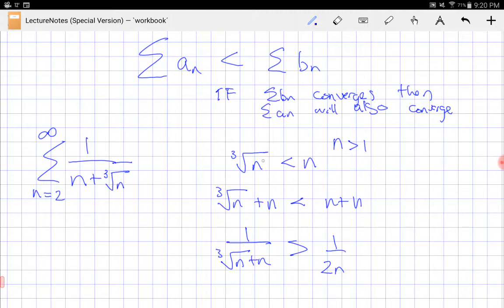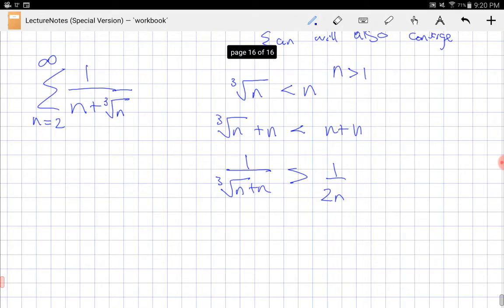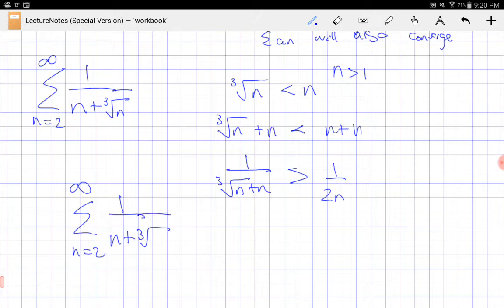We know this holds true, and so we can make the comparison of the sum from n equals 2 to infinity of 1 over n plus the cube root of n, which is greater than the sum from n equals 2 to infinity of 1 over 2n.